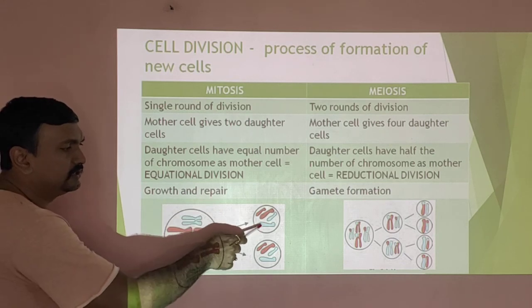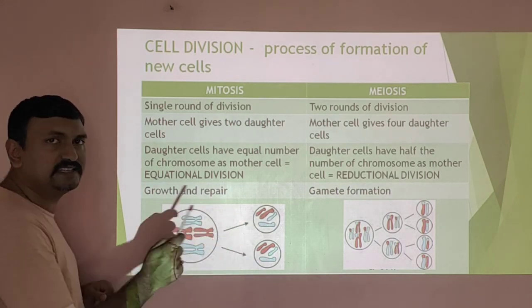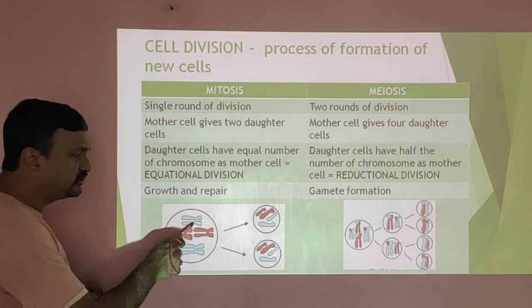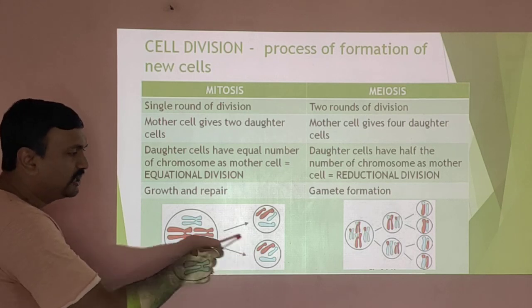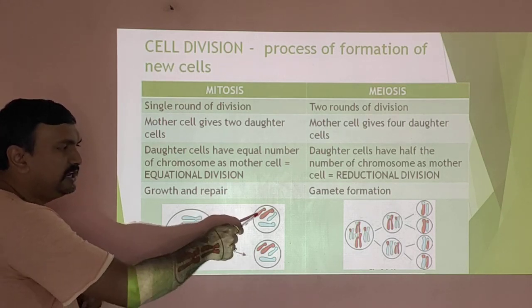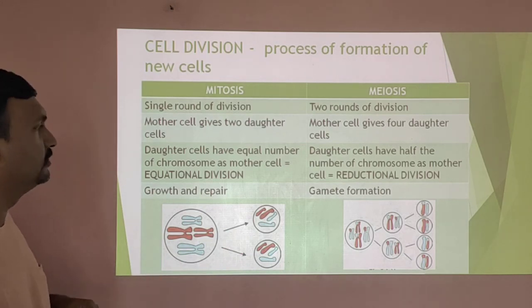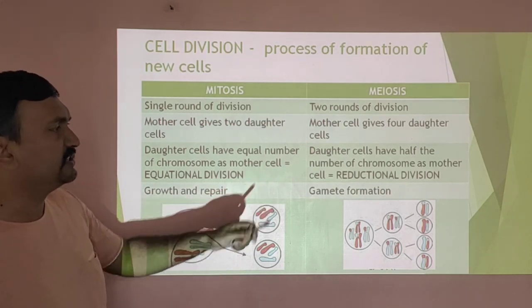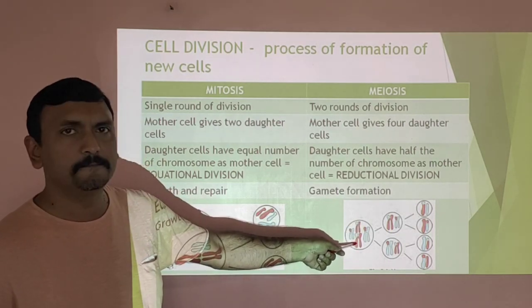But here, daughter cells will again have 4 chromosomes as singlet. So out of these 2, 1 goes to 1 cell. That's why 4 chromosomes remain as 4 chromosomes in the daughter cells. That is equational division.